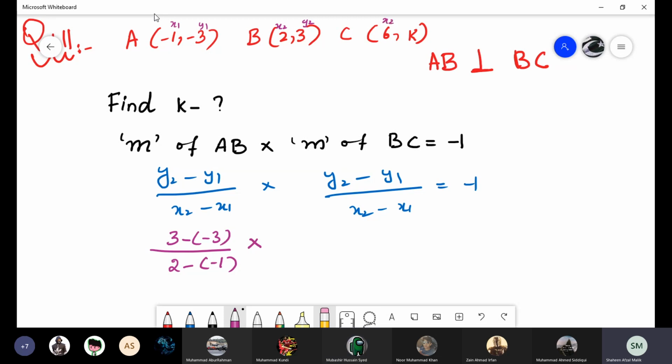This is X2, Y2 and this is X1, Y1. So it will be K minus 3 over 6 minus 2, is equal to -1.